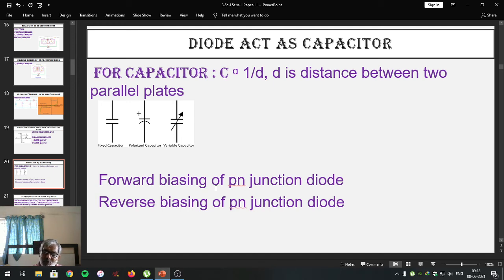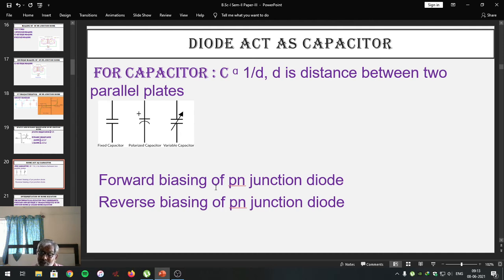In a diode, on one side there is a P region, on the other side an N region. In between, there is a depletion layer that separates the P region positive charges and the N region negative charges, with the width of the depletion layer. A capacitor is also the same. It has positive charges on one side, negative charges on the other side, separated by a certain distance.